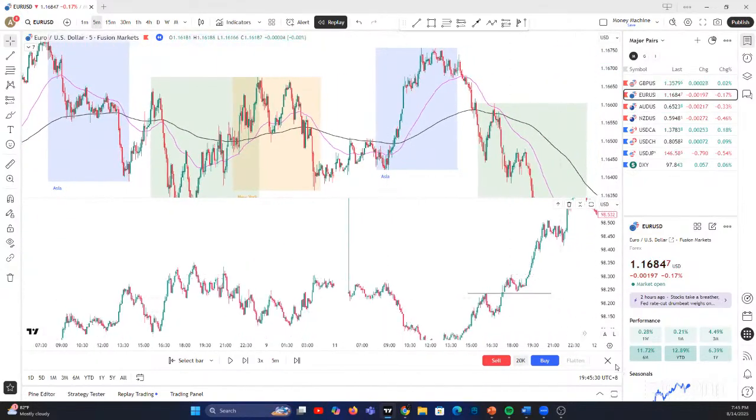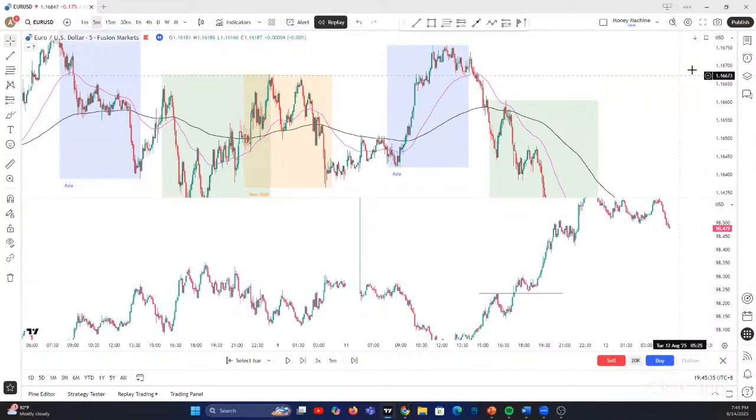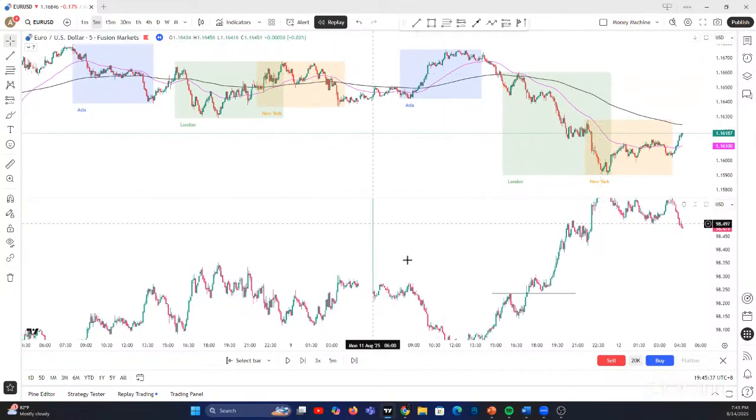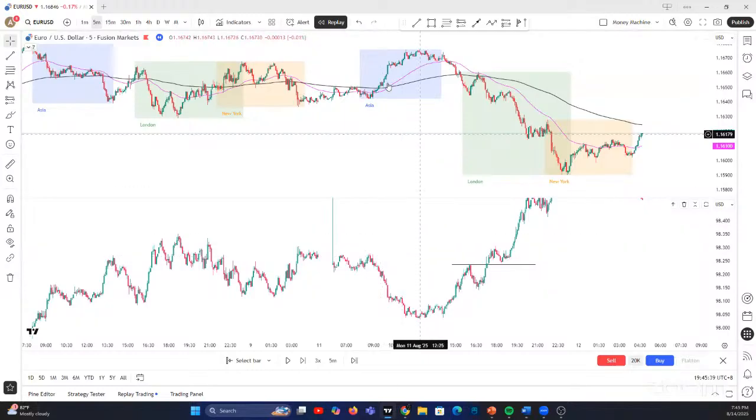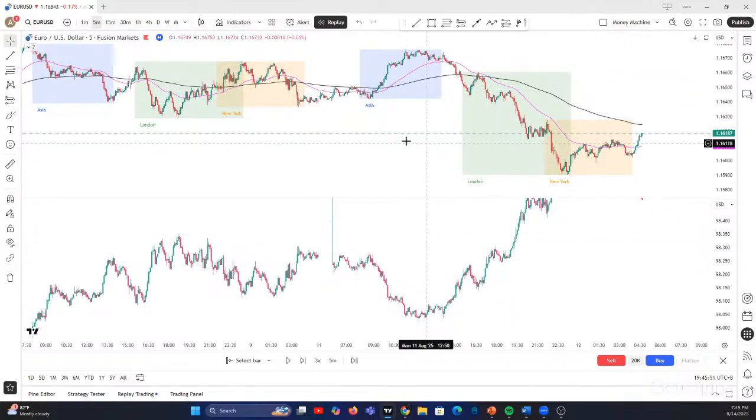Okay, there. You see, they are in opposite. If DXY is going down, Euro USD should go up. If DXY is going up, then Euro USD should go down.